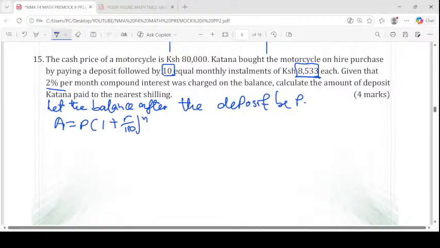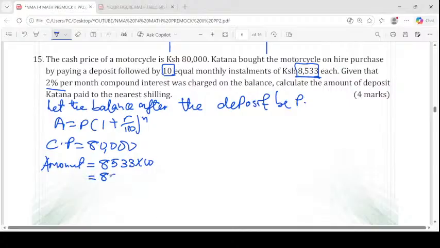this should be given by the cash price. Let me first list the things. Our cash price here is 80,000. That is our cash price. Amount paid: 10 equal monthly installments of this amount, so it is 8,533 times 10. In 10 months they paid 85,330.